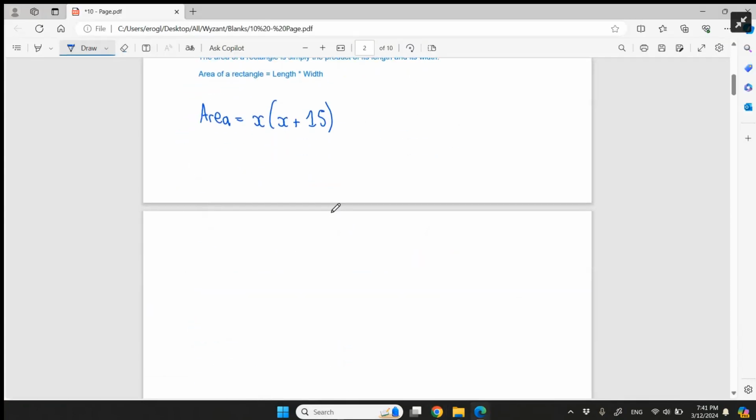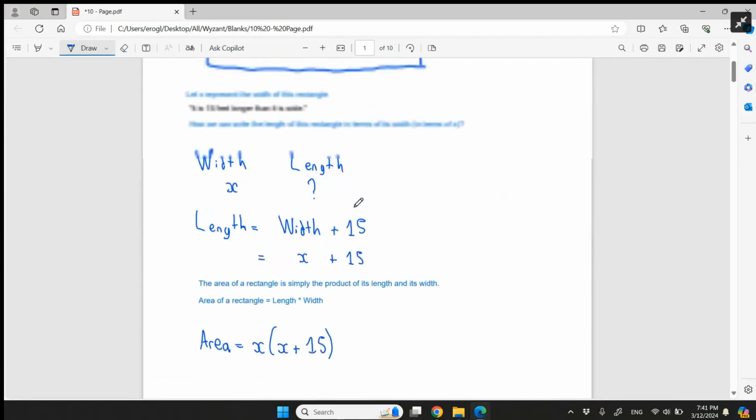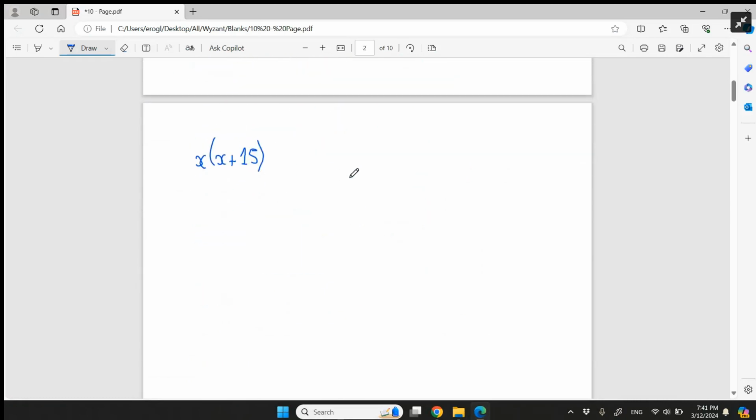Well, so now we want the area to be equal to 9,256. So we can expand, meaning distribute the x, multiply it into the parentheses to get x times x, which is x squared, and x times 15, which is 15x, is equal to 9,256.